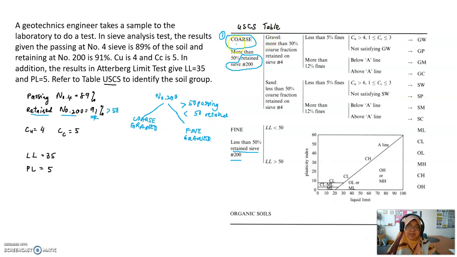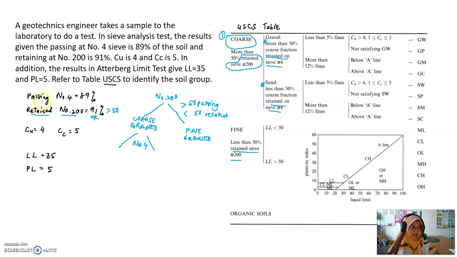In the coarse grain soil, there are 2 more types of soil that we have to classify, whether it is a gravel or sand. So we need to again check the retained on sieve number 4. Is it less or more?